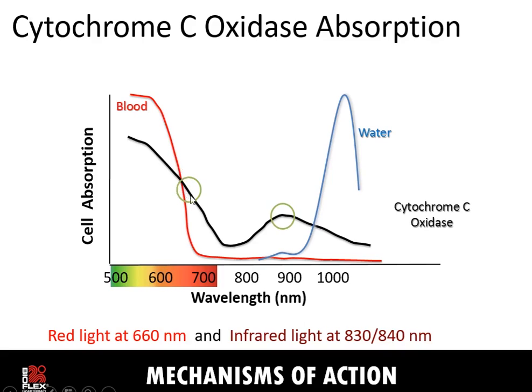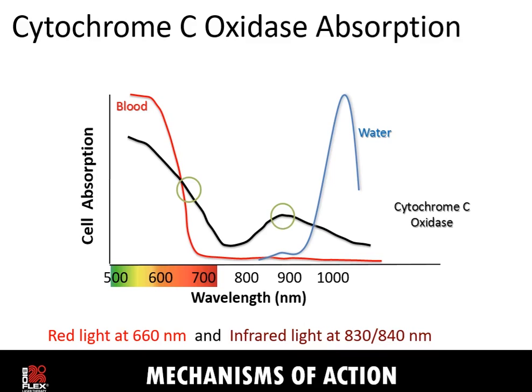However, you'll also be stimulating to a certain degree cytochrome C oxidase, whereas the infrared wavelengths around 830, 840 nanometers basically avoid blood for the most part and target the actual enzyme itself. So those are reasons why we target the wavelengths that we do.